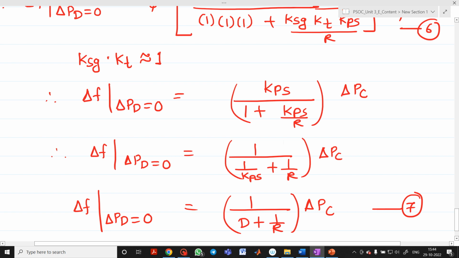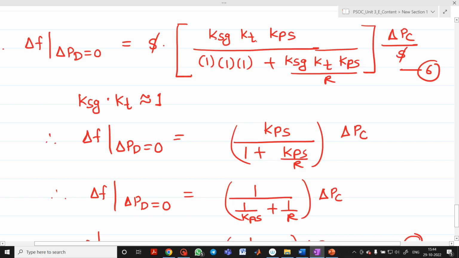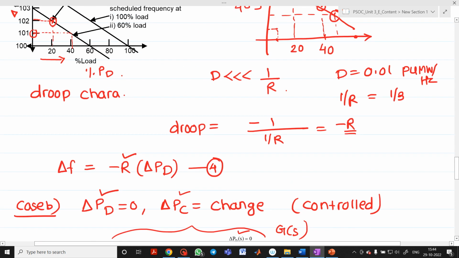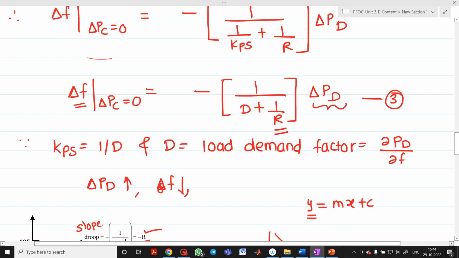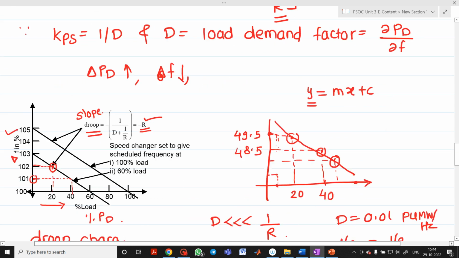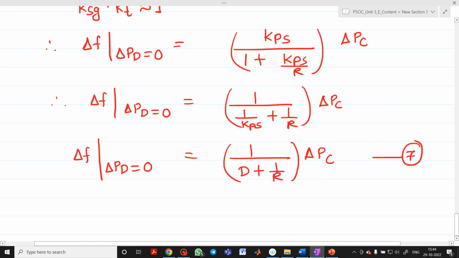If you observe carefully this expression 7 and expression 3, both are the same. The only difference is that in 3 it is minus and we have written delta PD, and in the last expression it is plus and it is delta PC.